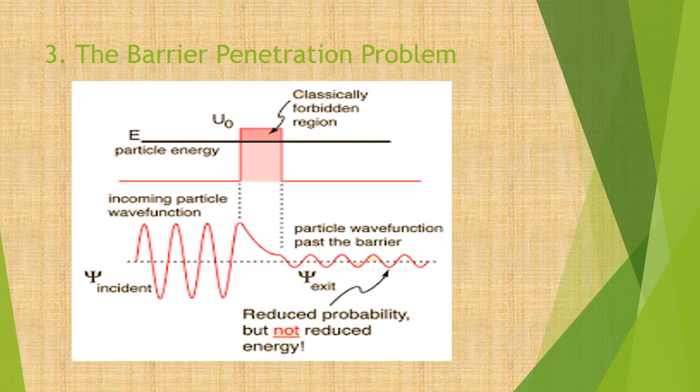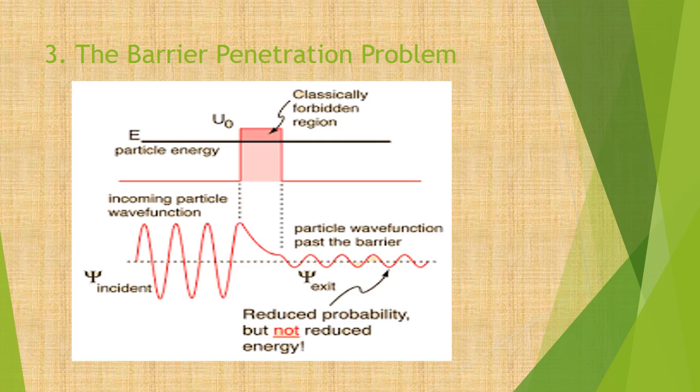At region 1, psi 1 is A e power i alpha x plus B e power minus i alpha x, and A is the amplitude of the wave incident on the barrier from the left, B is the amplitude of the reflected wave in region 1, F is the amplitude of the wave penetrating the barrier in region 2, and G is the amplitude of the reflected wave from the surface at A in region 2.